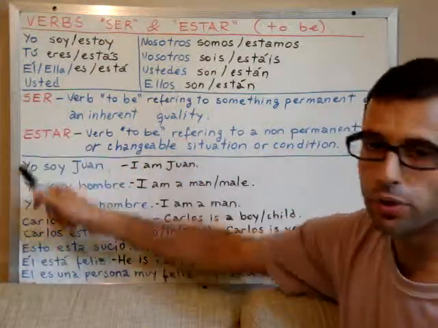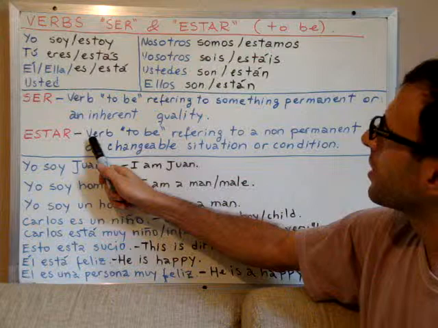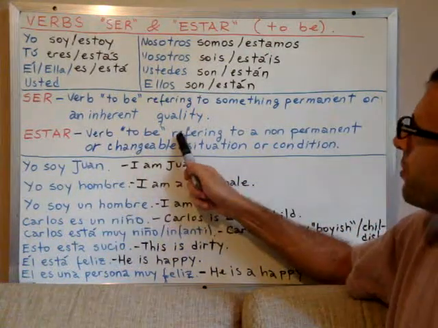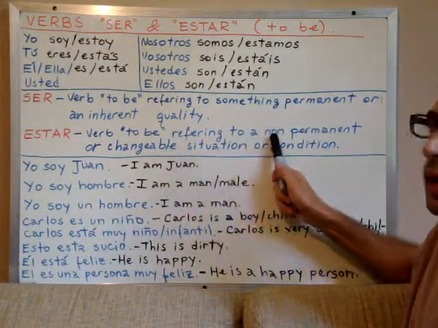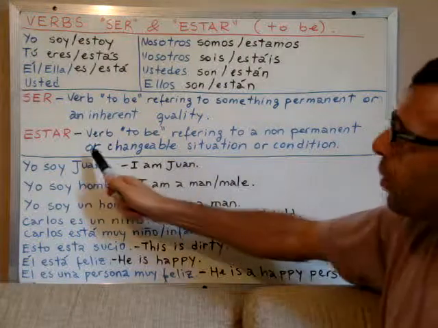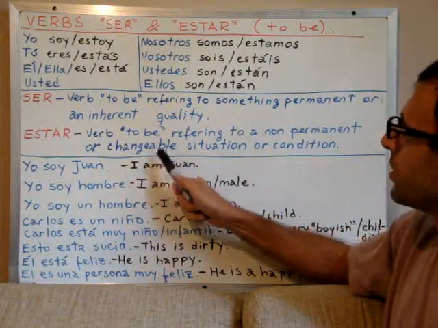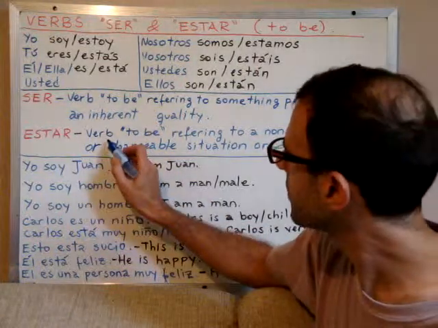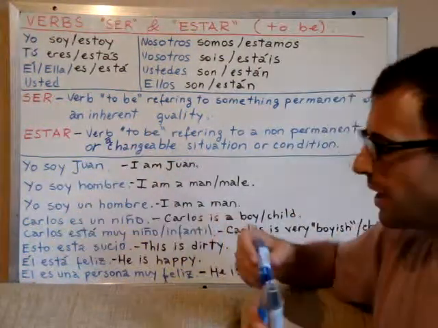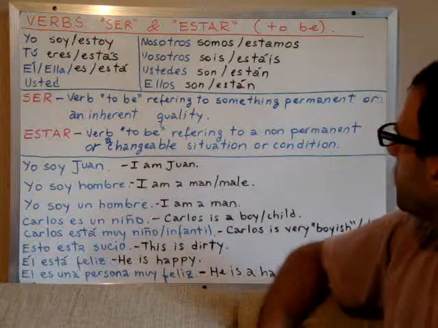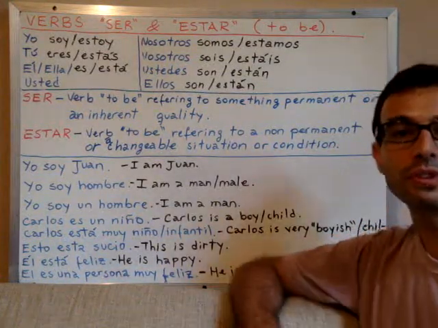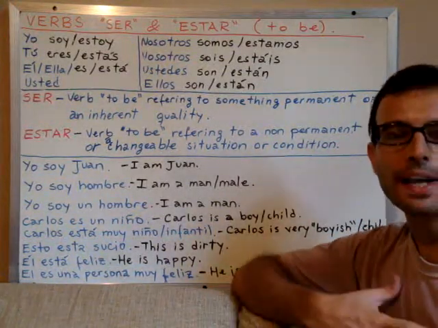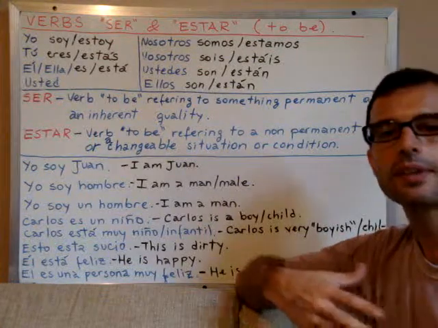Estar. When do we use the verb estar? Verb to be when referring to a non-permanent or a changeable situation or condition. For example, I am happy, right?